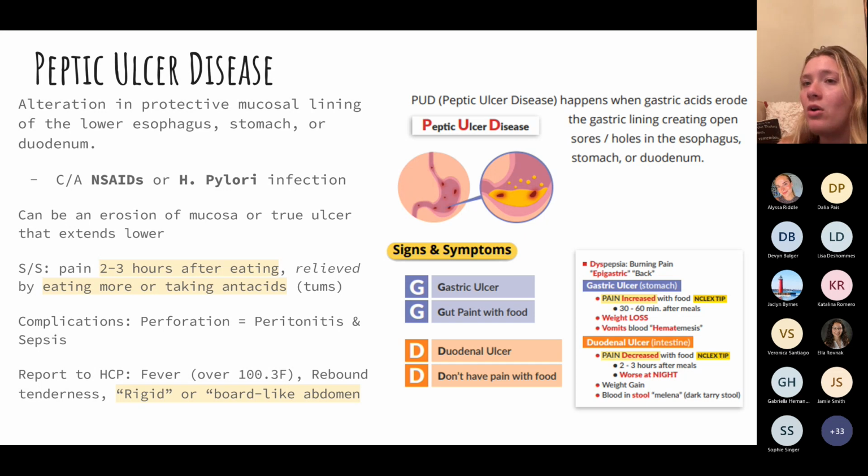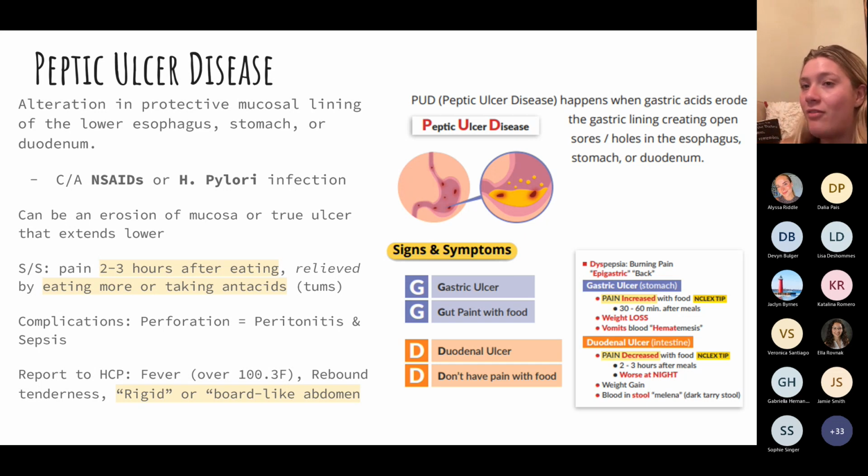Next, peptic ulcer disease. These are little ulcers and sores in my stomach. Usually caused by frequent NSAID use or an H. pylori infection. H. pylori just loves to infect the stomach, and it's quite painful for these patients.